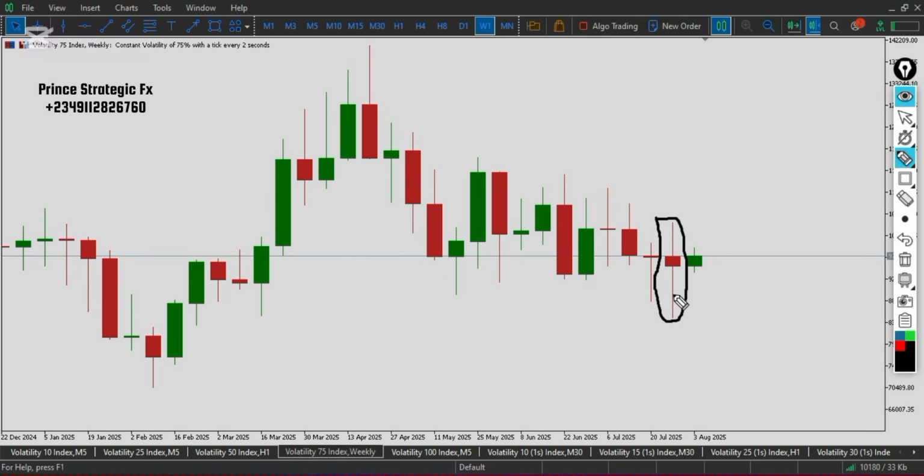And this particular one here, let me use an arrow, is our current weekly candle.